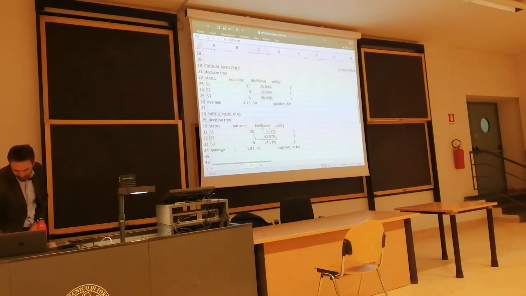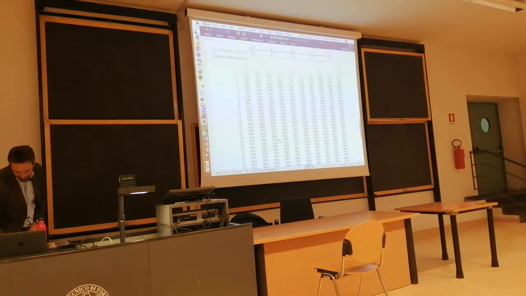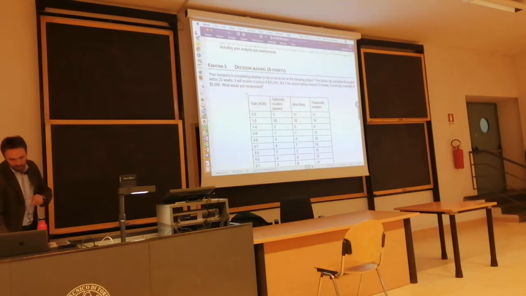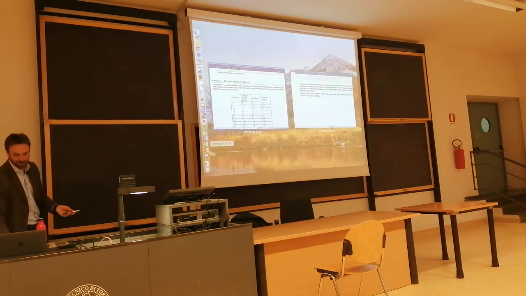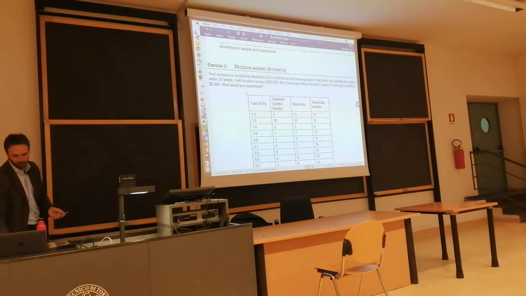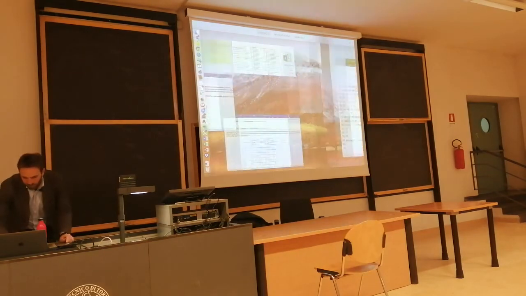Sorry, just a second. I just go back to here. If the project stays within 20 and 23, no bonus, nothing. If it finishes after 23, a penalty of 5,000. So if I go back here, chances are with the merge node, where is it? Here.